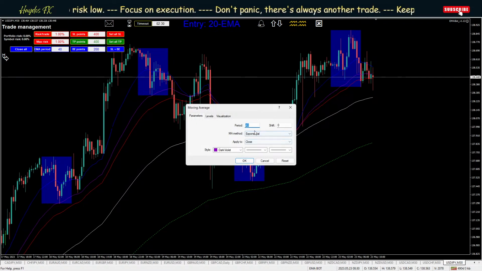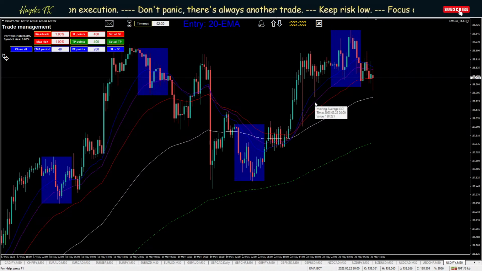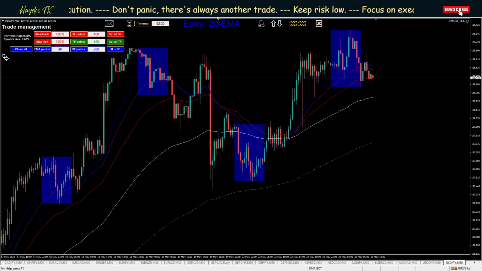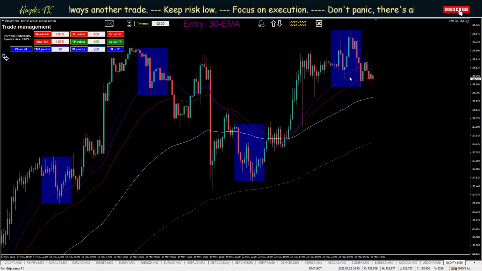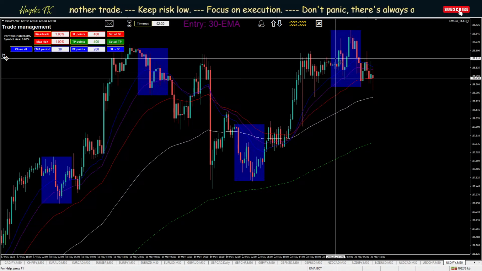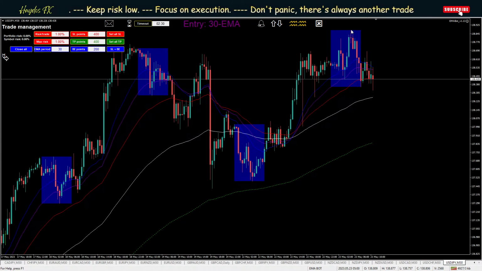I should have chosen like a 30 and popped it in there, given this wick. Remember, we can change it. At the moment, the purple is looking at the 40. You change it here to 30, and now it will look at the 30. Just make sure you click the button to lock it in. But that would have been the best outcome from the 30.